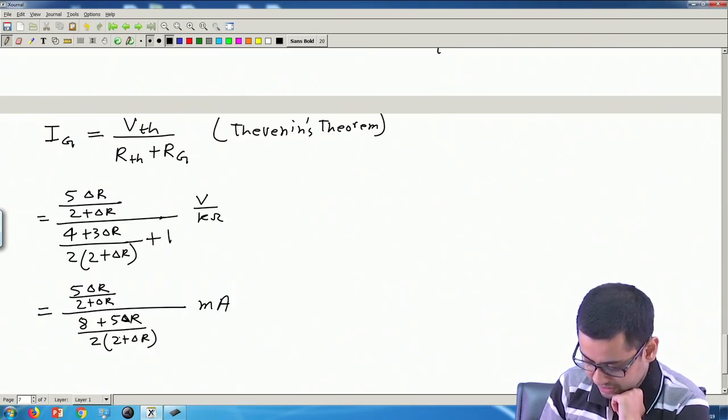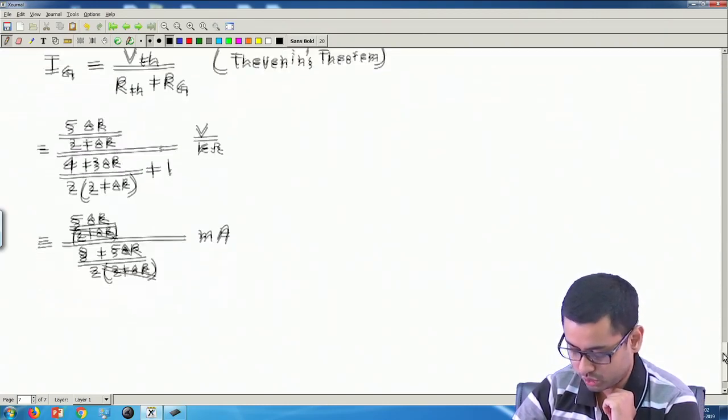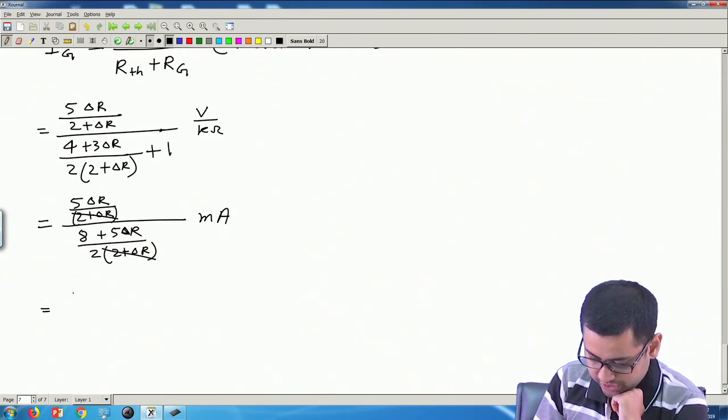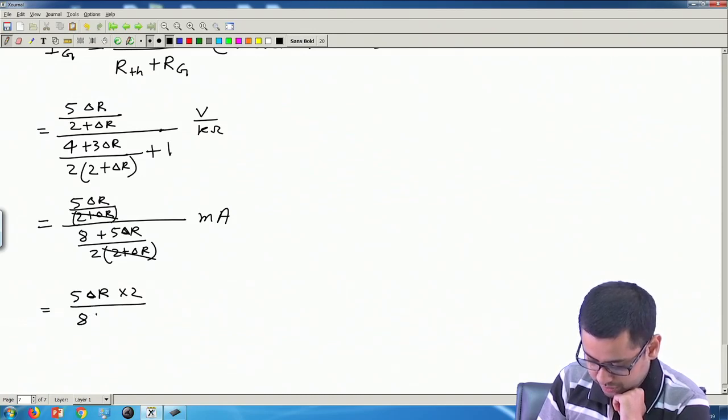Now you can cancel these two terms, so this comes out to be 5 delta R into 2 divided by 8 plus 5 delta R.